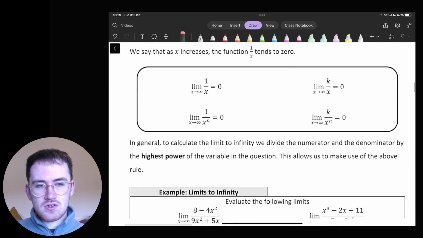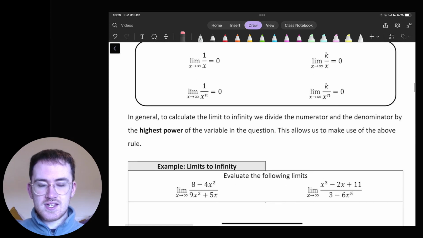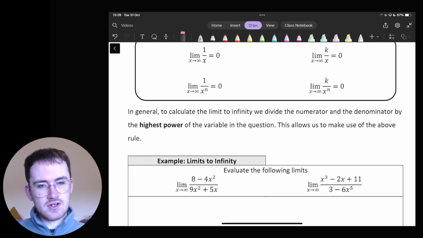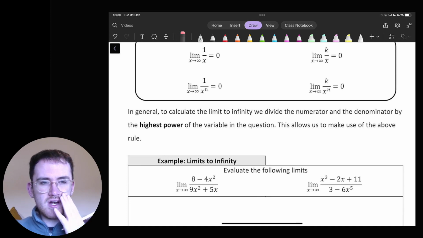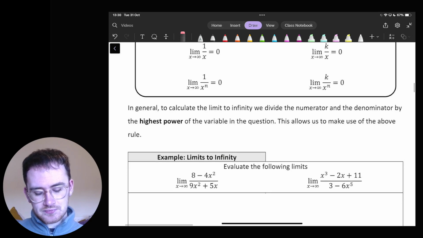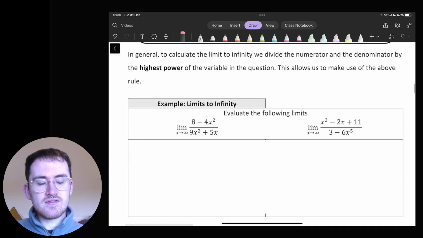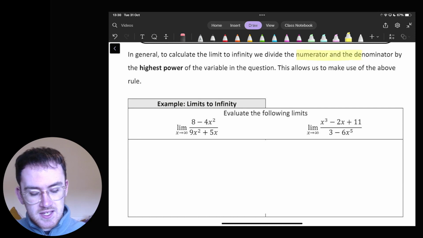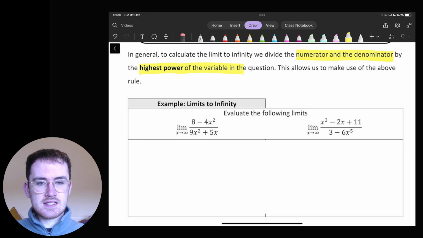So in general, when we're trying to find the limit to infinity, because we can't sub in for infinity, because infinity doesn't have a value in that sense that we can sub in for, in general, what we do is we try and make use of this rule. So we're making use of this idea that if I have a fraction and I use the limit towards infinity, that that's going to be 0. So we try and create these fractions within our questions. So in these cases here, we divide the numerator and the denominator by the highest power of the variable.